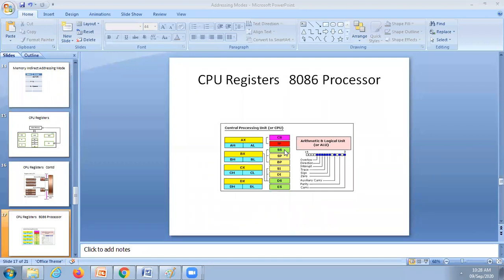Whatever data you placed recently is to be retrieved first. That is last in, first out, LIFO.